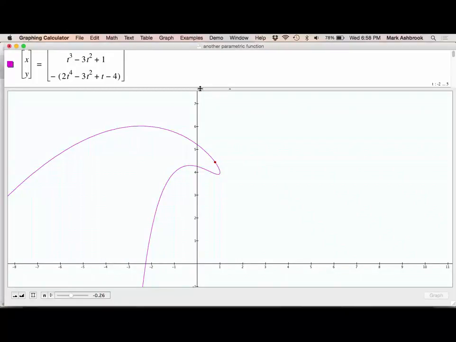Okay, so here we go. Areas. So, areas of parametric function graphs. Back when y was a function of x, in the good old days, how did we calculate area?